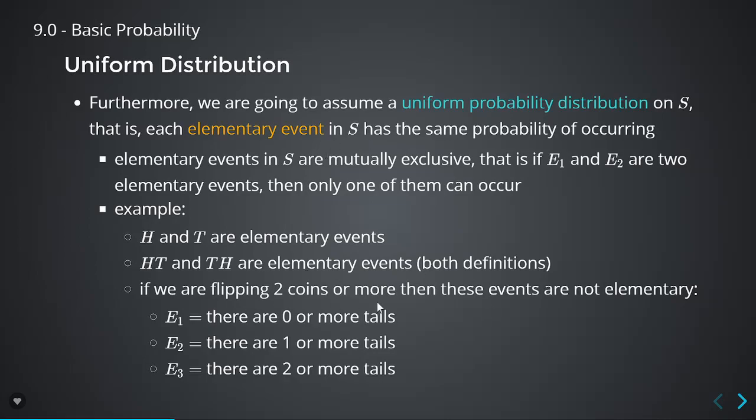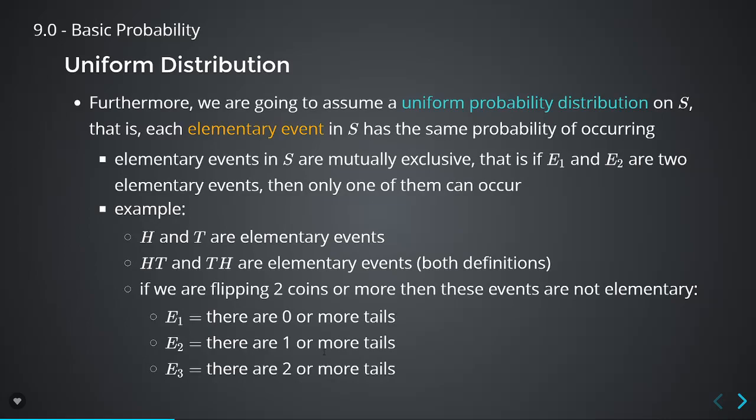But these events down here, they're not elementary events because, as you can see, if there are 2 or more tails, that means there are 1 or more tails, which also means there are 0 or more tails. So if E3 occurs, that means E1 also occurred, right? And you can see this from the probabilities.